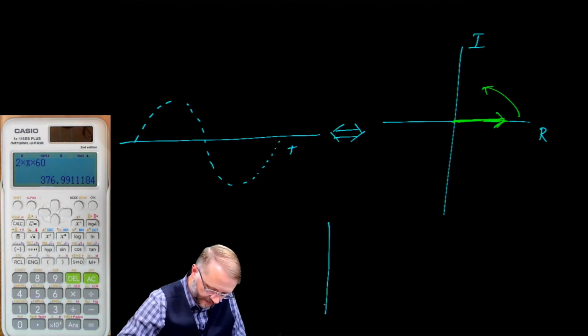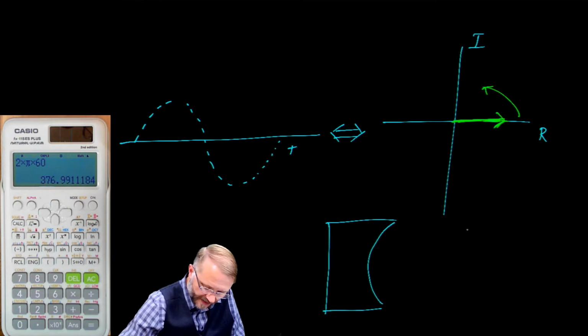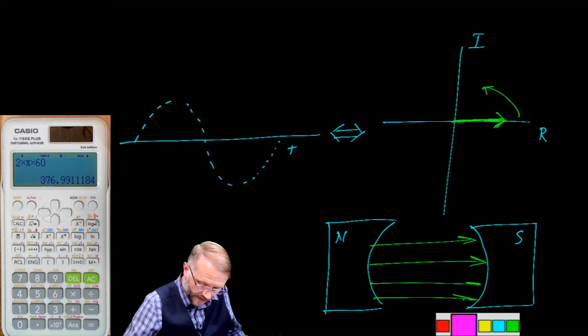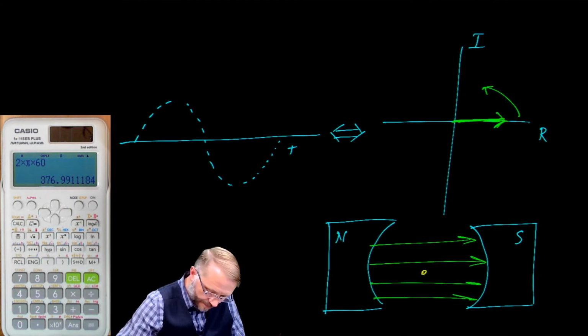We did that with a picture where we showed the curved face of a north and a south magnet, with magnetic flux lines flowing from the north to the south. And then we described a pivot where we had wires that were free to rotate.